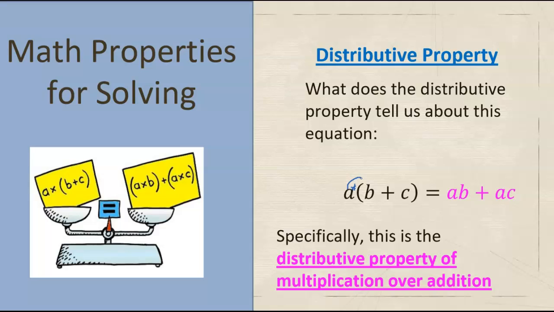And we're going to multiply over the parentheses and multiply this over the parentheses as well. So if you look at this literally, we have multiplication that goes over the addition. The multiplication is going over the addition that's happening inside the parentheses. So this is the distribution of multiplication over the addition that's happening inside the parentheses.